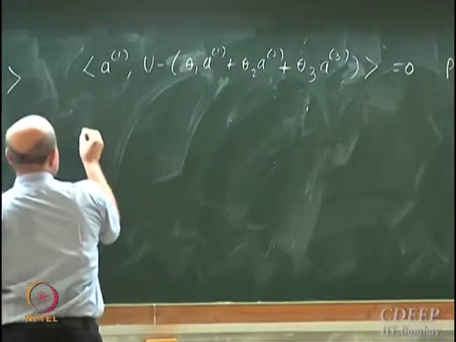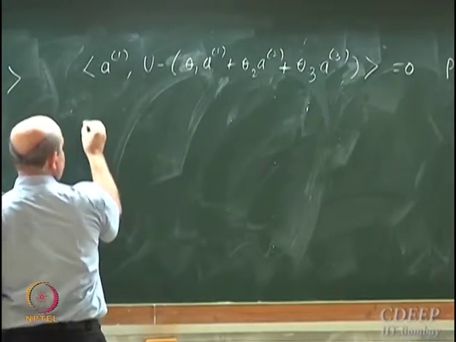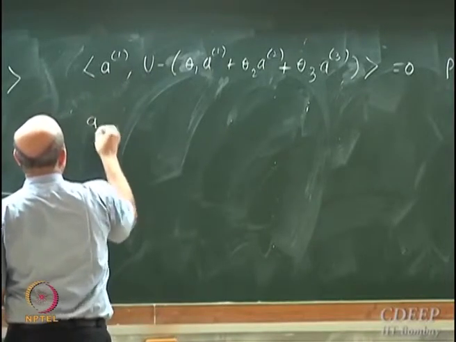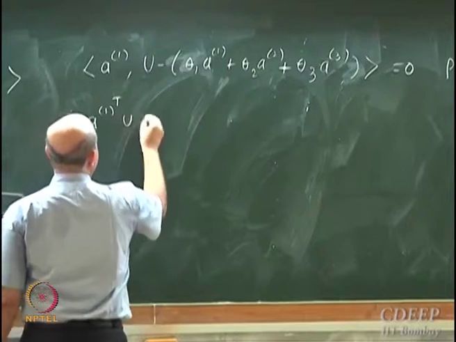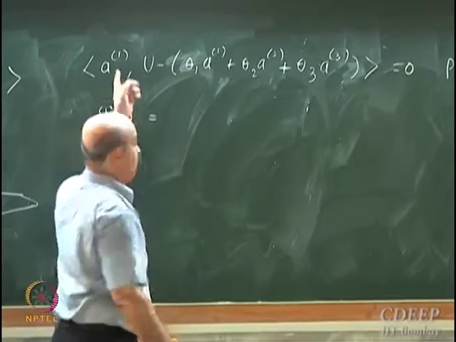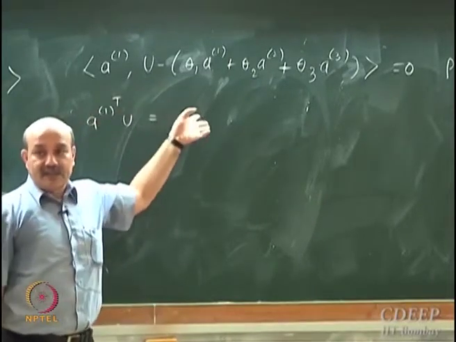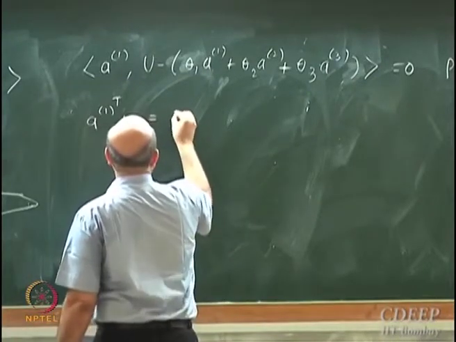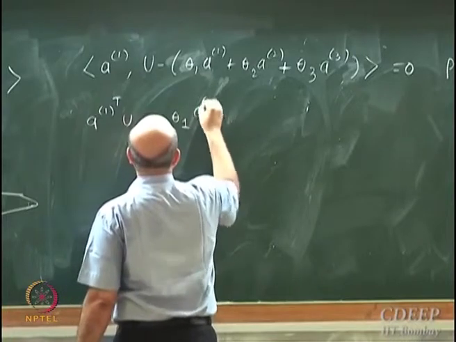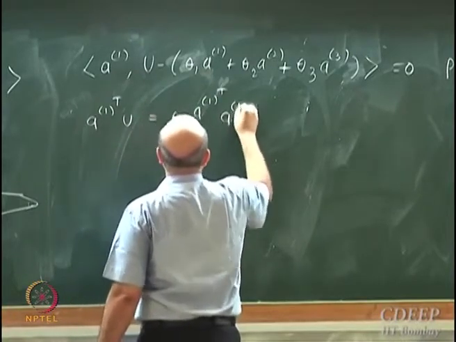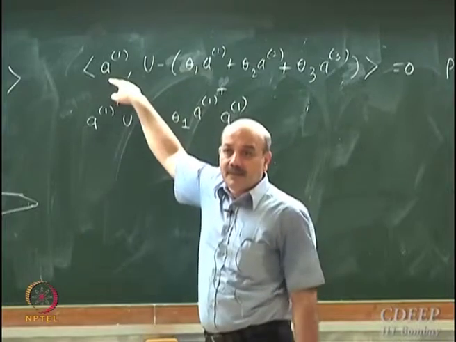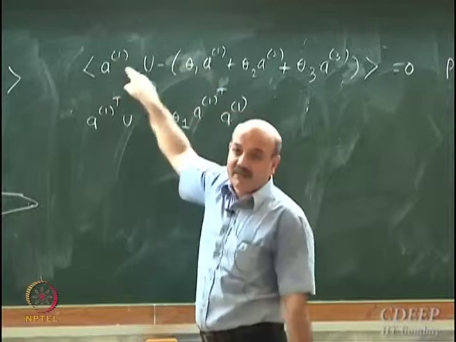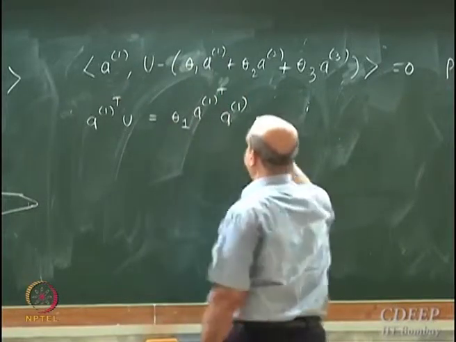So this first equation I can rewrite as A1 transpose u is equal to, I am just skipping one step in between, theta 1 A1 transpose A1, A1 with A1, A1 with A2 and A1 with A3, right?